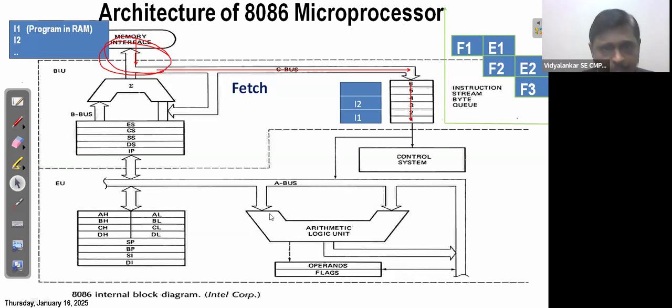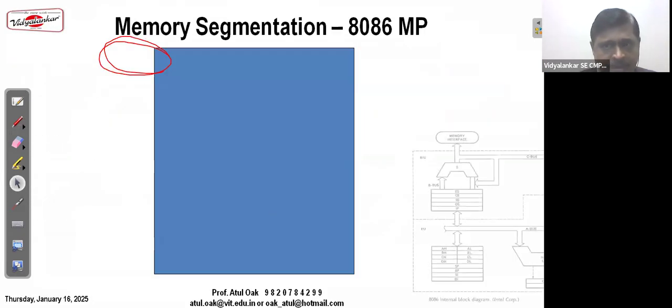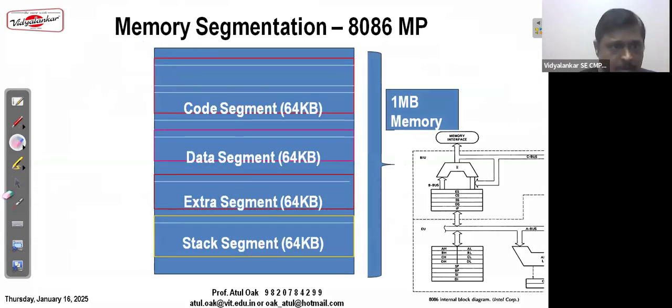Okay, I'm going to that diagram. Memory segmentation. Okay, what is code segment? Code segment will store only programs. जो भी programs microprocessor को execute करने हैं, those programs you will store in code segment.